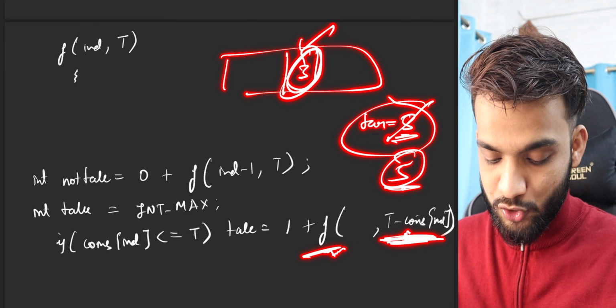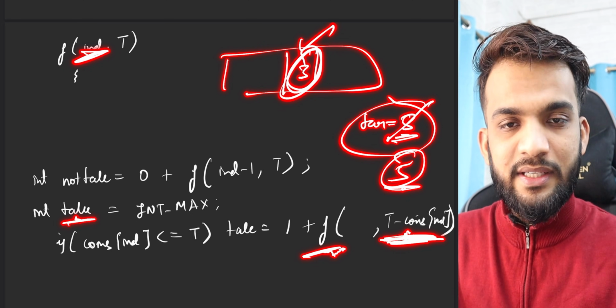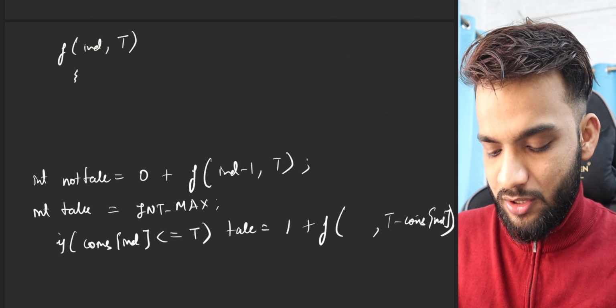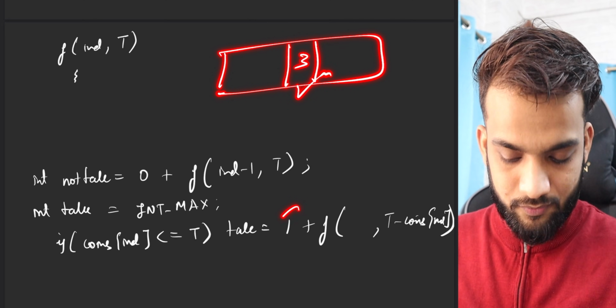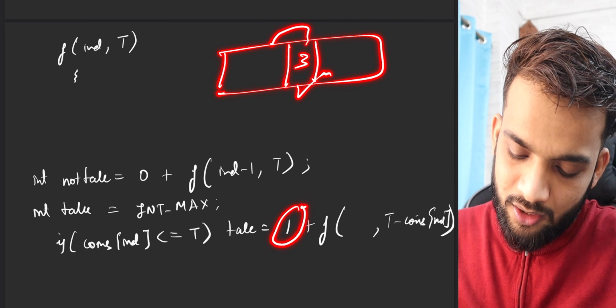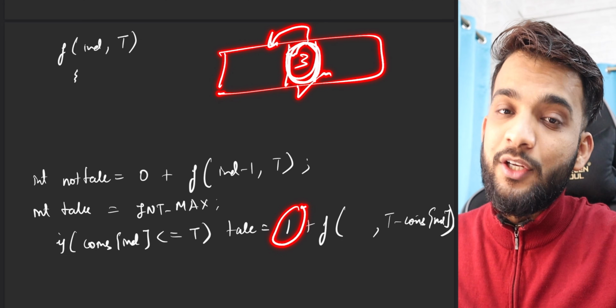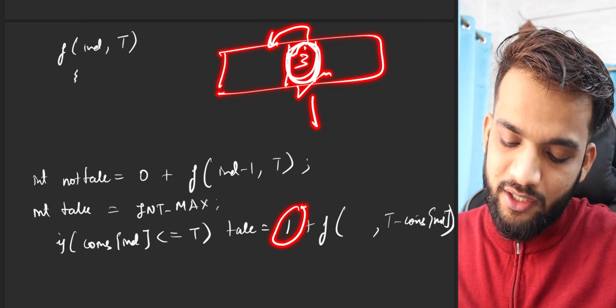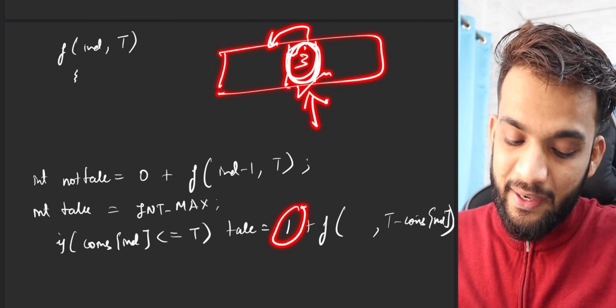You will again call this function by taking it. But there's a question, what will happen to this index? Because if this 3 is picked only once, you add 1. But if you go back, you will not be allowed to pick it once more. So the best thing that you do is you say, I'm going to stand over here itself, and I'm going to pick it again.